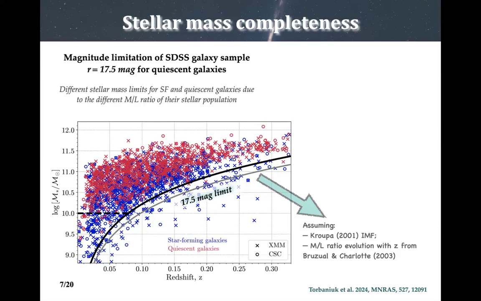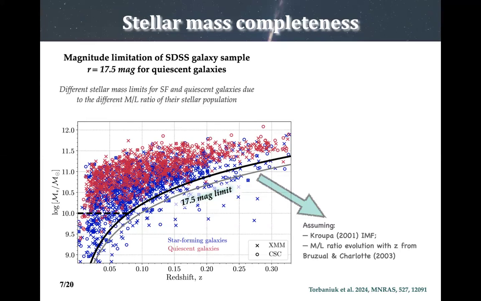To fix this problem, we provide a sensitivity limit for our sample. We calculated it using the mass to light ratio evolution for the oldest stellar population, using Bruzual and Charlot 2003 and the Kroupa 2001 initial mass function.